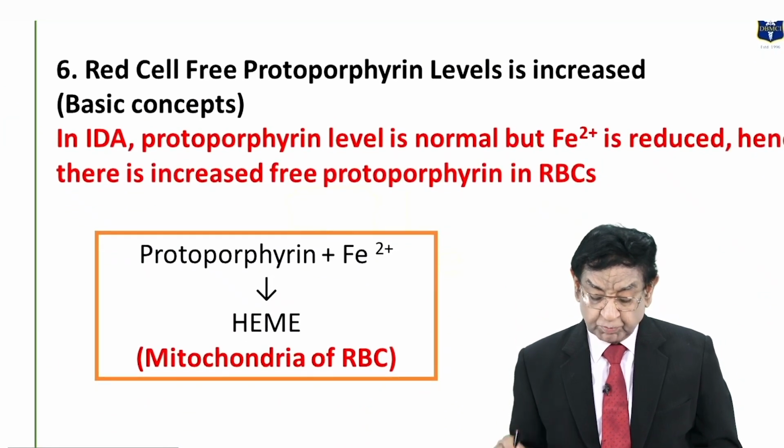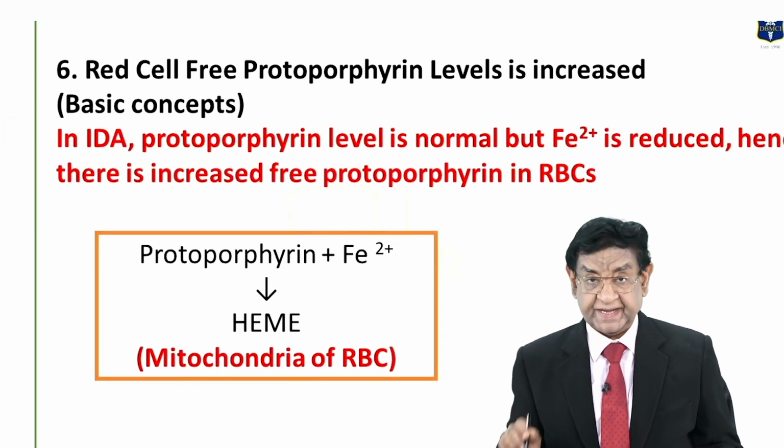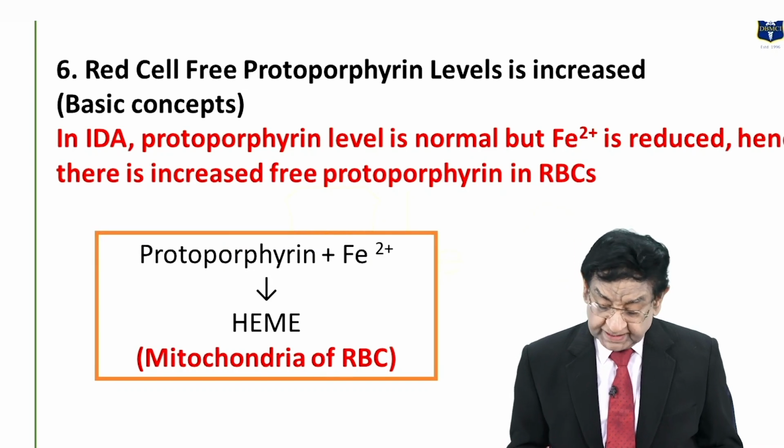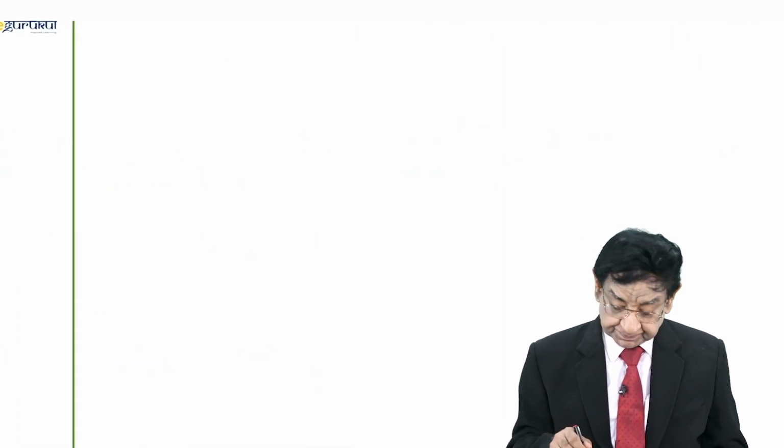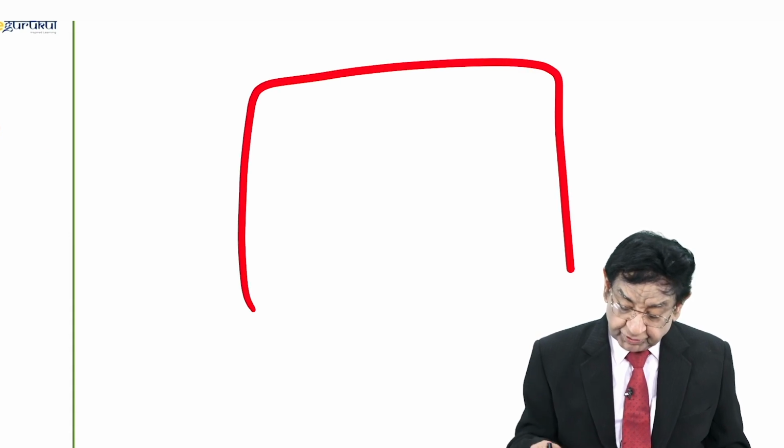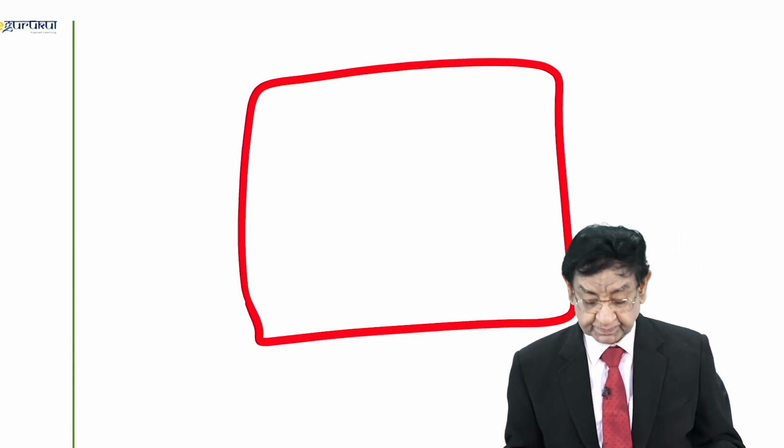Red cell protoporphyrin level is increased in iron deficiency anemia. For that, we got to know the basic concept. Let's learn the basic concept. These are the developing RBCs.